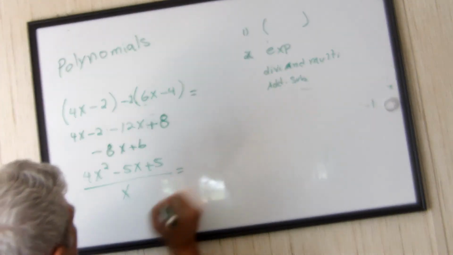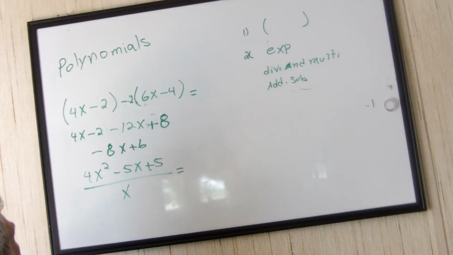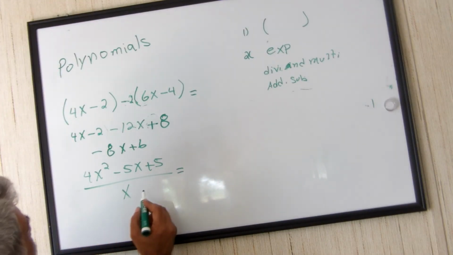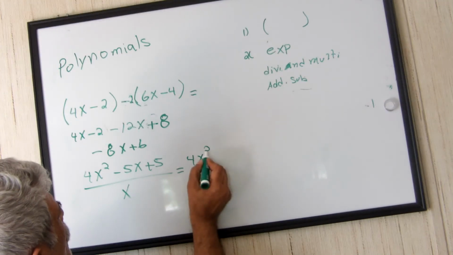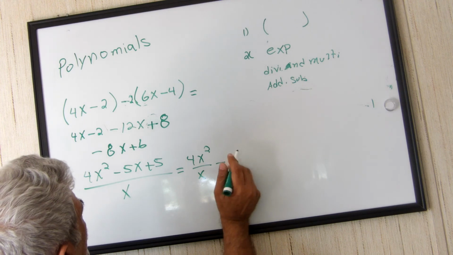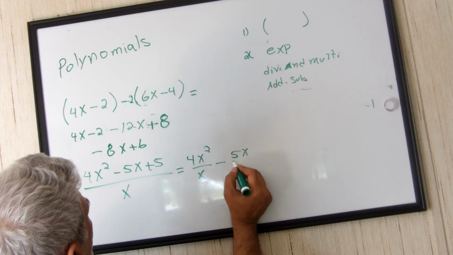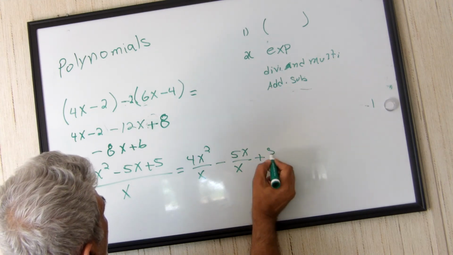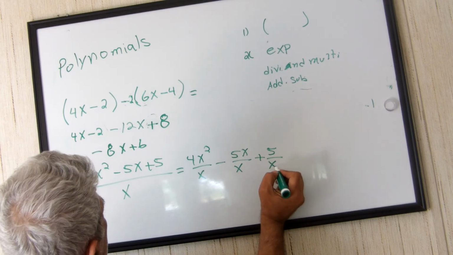Each of them is going to be divided by x. Let's say 4x² divided by x, minus 5x divided by x, plus 5 divided by x.